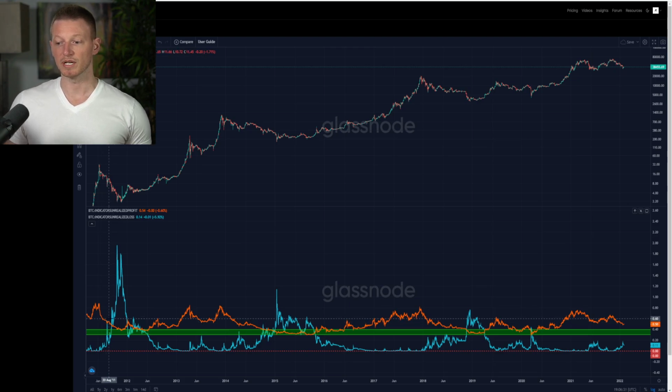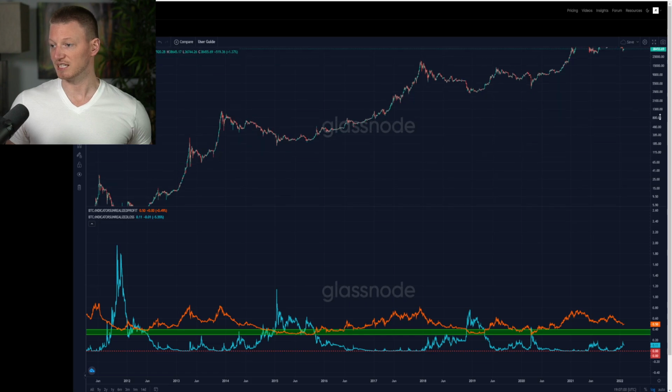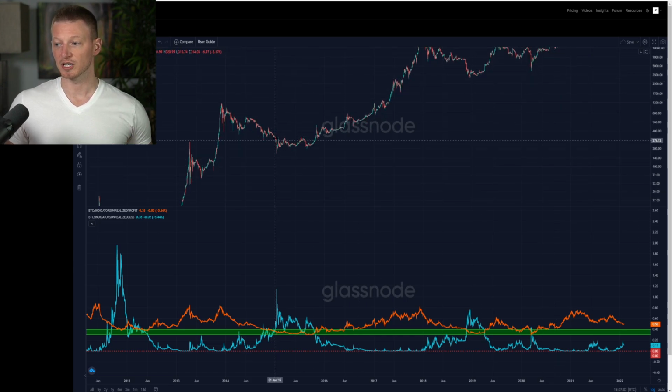Because this is the point at which the majority of profit or loss on all coins on the network is being held in loss. So these are points when most of the Bitcoin, most of the potential profit or loss, is in terms of loss on the network. And these are typically times when it is very easy to capitulate your asset, to become shaken out of the market.